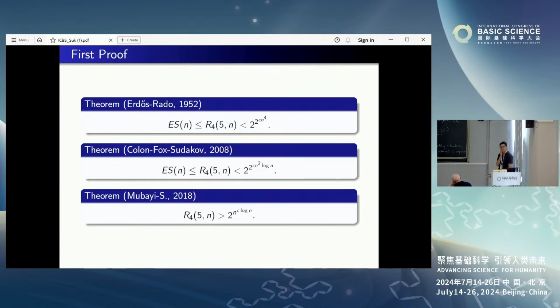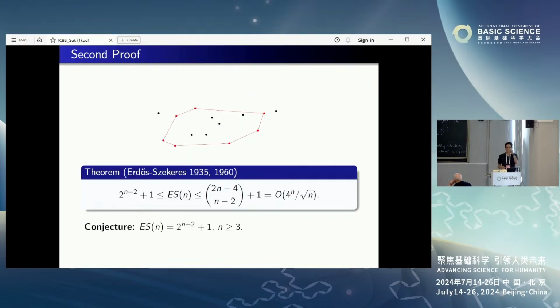The second proof by Erdos and Szekeres gave the bound that ES(n) is at most 2n minus 4 choose n minus 2, which is asymptotically like 4 to the n.